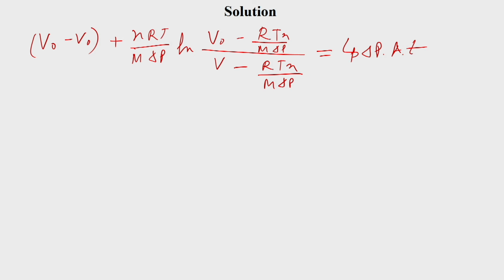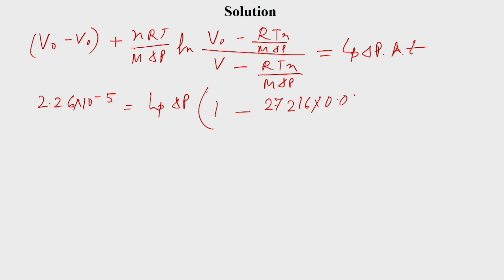So, we can do one thing, we will now put 2.26 into 10 to the power minus 5 is equal to L P into delta P into 1 minus 27216 into 0.0821 into 298, divided by 1510 into 7560 into 3.